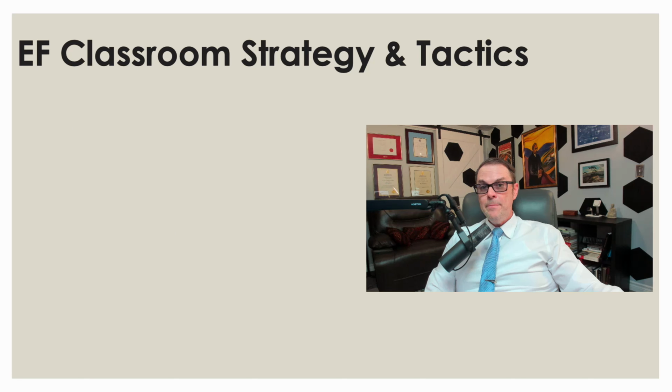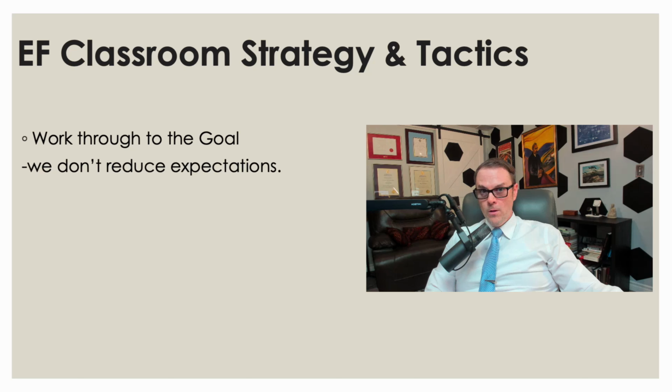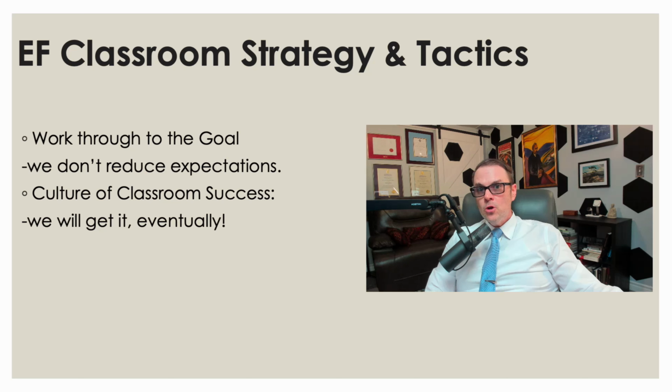So to recap executive function in the classroom, we want to make sure that we're working towards our goal. We're not reducing expectations in order to meet that goal. And we are practicing a culture of classroom success. We encourage each other. We may not get it now, but we're going to get it.